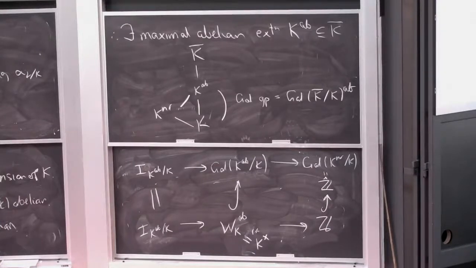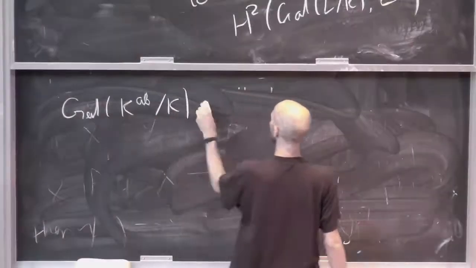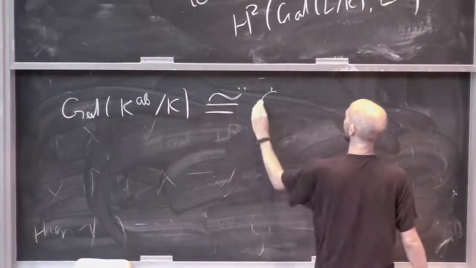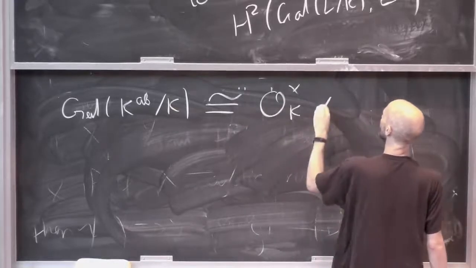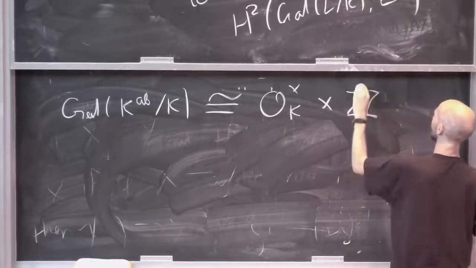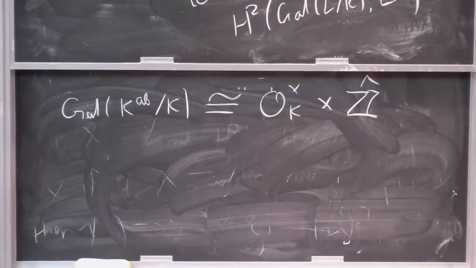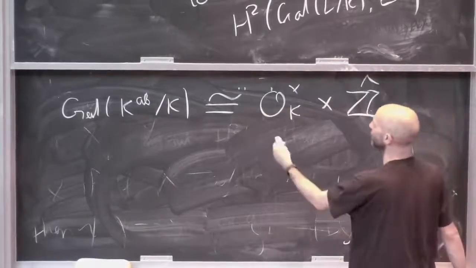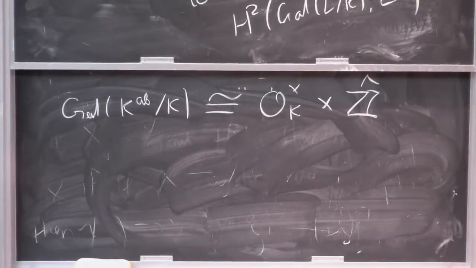I want to stop because I've said exactly the things I want to say, you see. And so therefore Gal(K^ab/K) is then non-canonically isomorphic to O_K* cross Z hat, you see. And this is non-canonical because I've chosen some kind of a Frobenius to do this splitting.